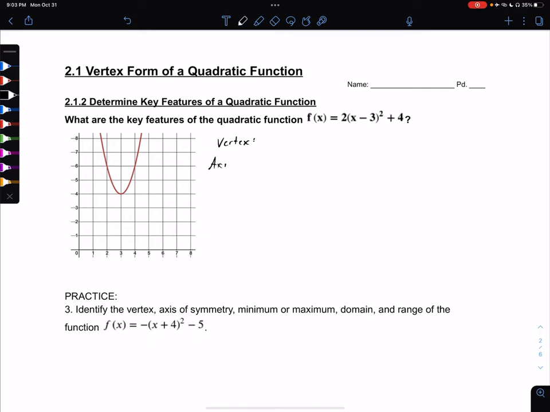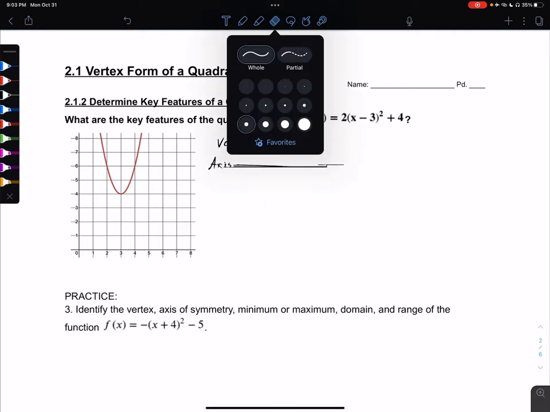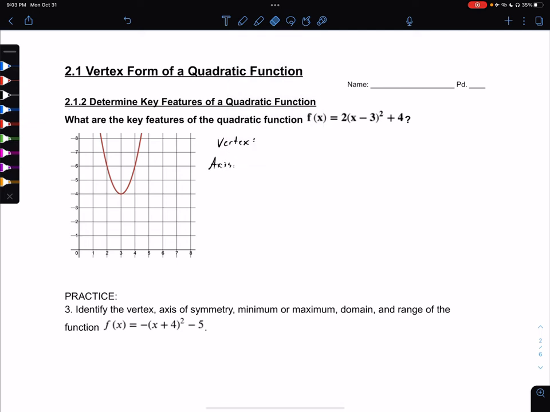We will also have the axis of symmetry. The maximum or minimum.